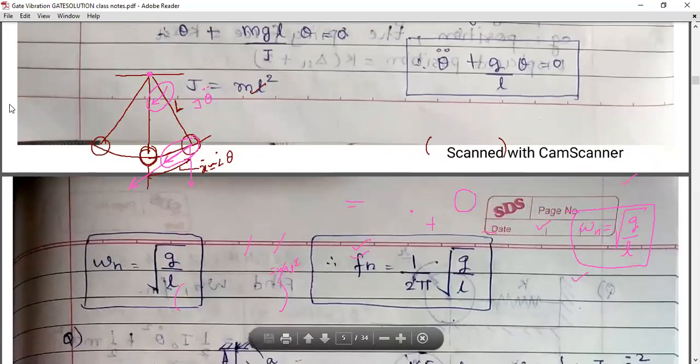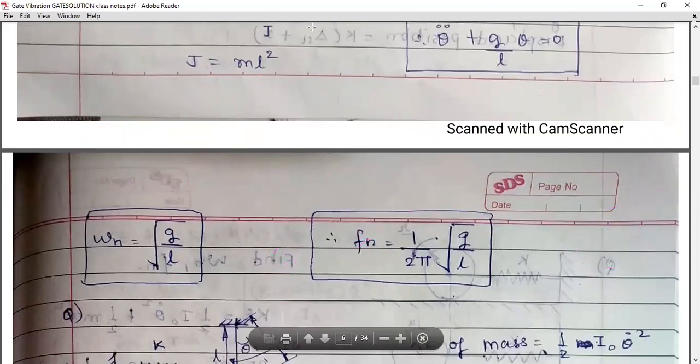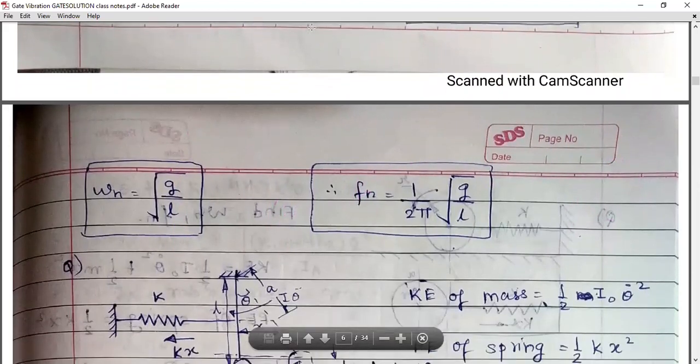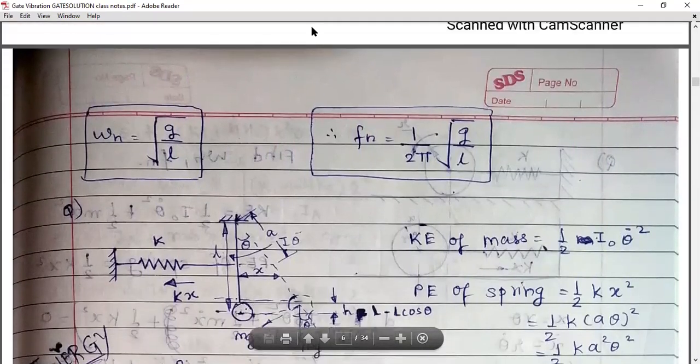Now moving to this, we have one question. Can you please solve this question? I'm just going to draw this question on another paper so that it can be clearly visible to you.